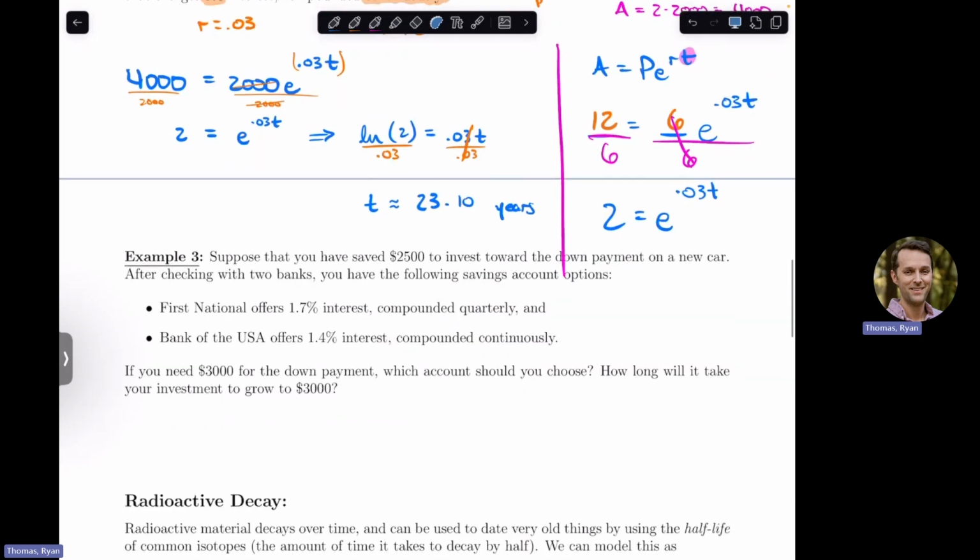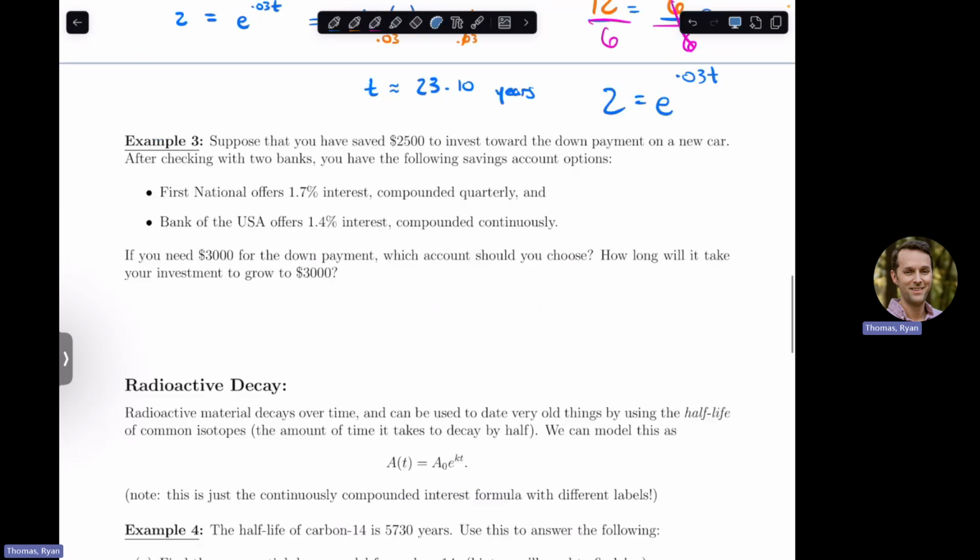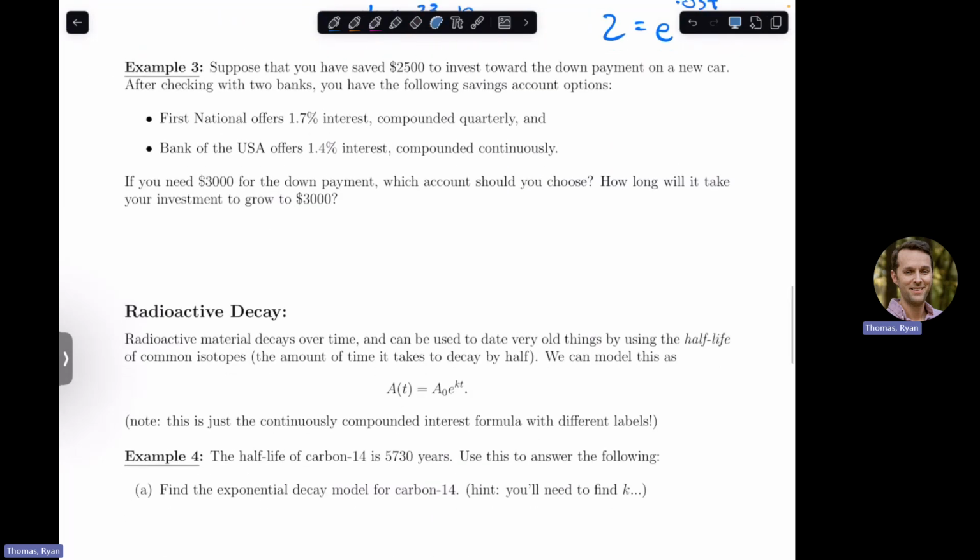All right. Now let's take a look at that next one then. So now we've got 2 options. You have $2,500 cash on hand. You want to invest because you're trying to come up with a down payment on a car. And you've got these 2 bank account options.